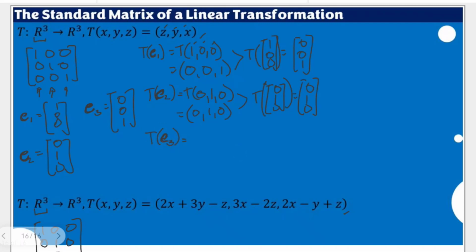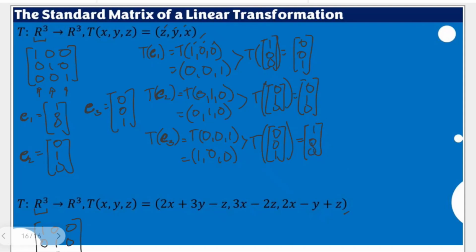You will have here linear transformation of 0, 0, 1 equal to 1, 0, and 0. Again, this could be expressed in this manner: 0, 0, 1 gives 1, 0, and 0.